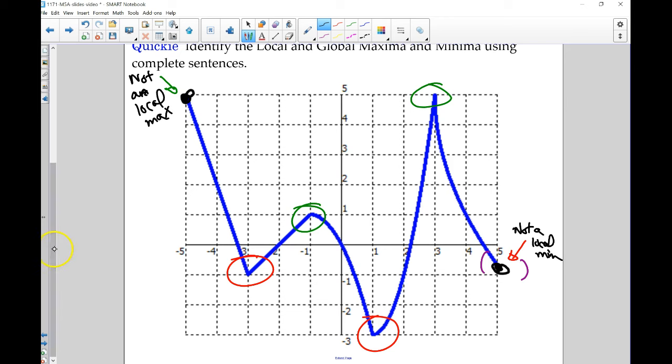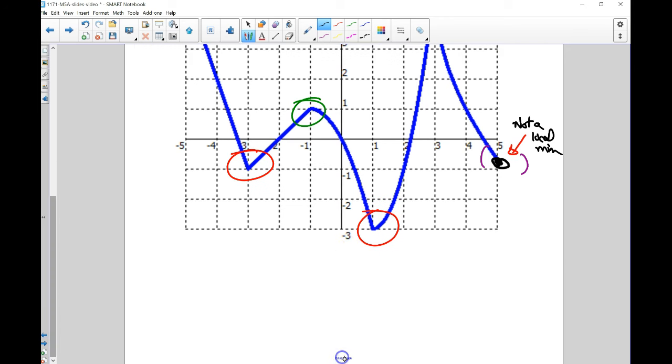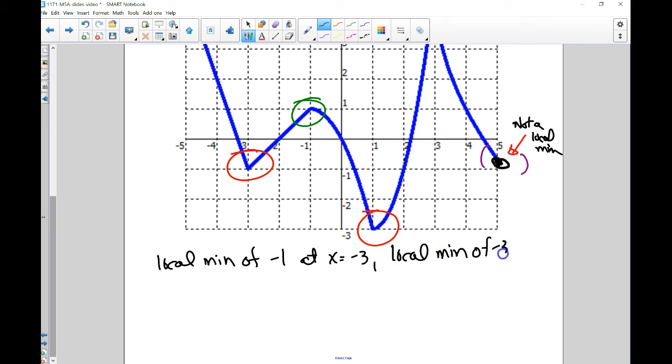Okay, so writing these out now in complete sentences, I'm going to say I have a local minimum of -1 at x is equal to -3. Local min of -3 at x is equal to 1.